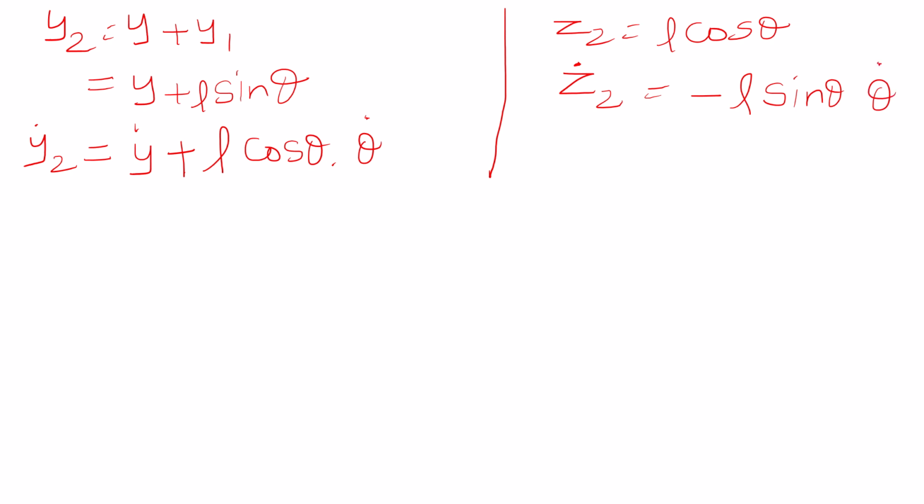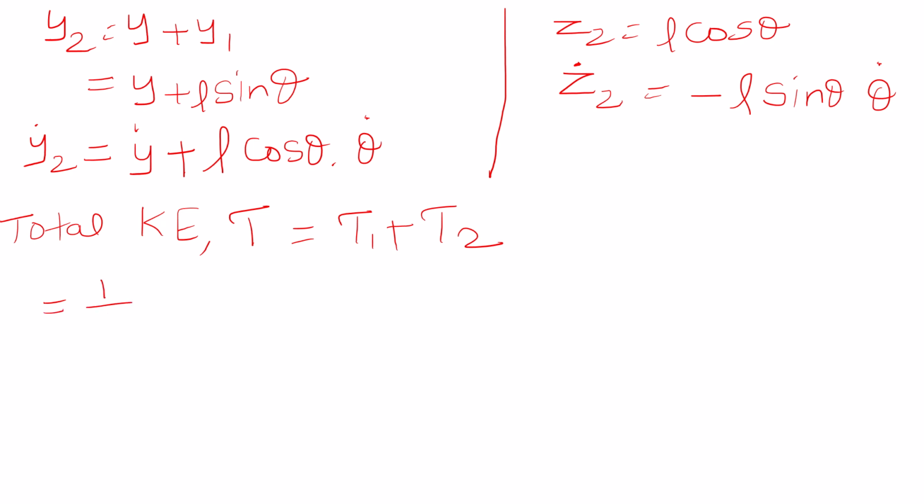The total kinetic energy of the system, represented by T, will be equal to T1 plus T2, where T1 is the kinetic energy of the moving cart and T2 is the kinetic energy of the ball. So T is equal to, what is T1?